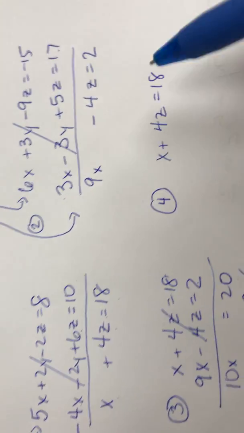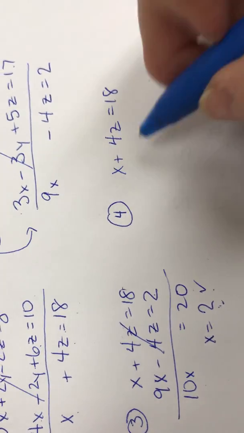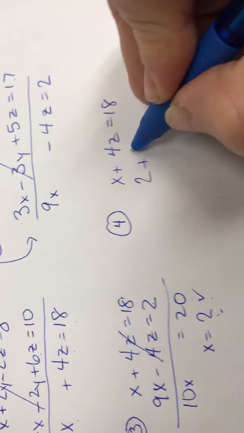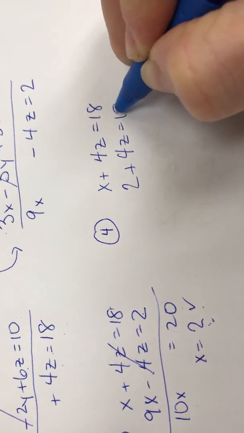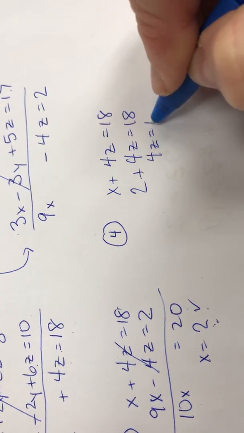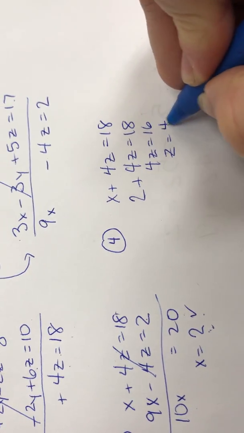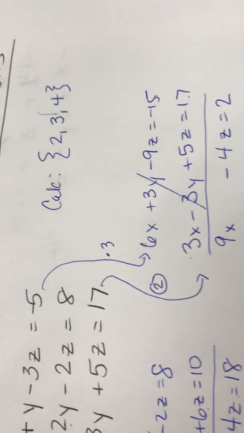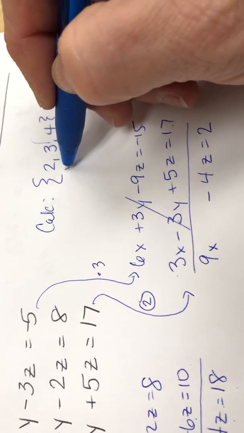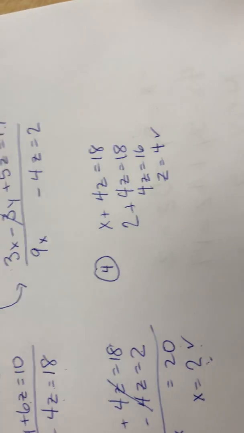Okay, so this equation, I'm now going to plug in or substitute my 2. Move the 2 over, doing the opposite operation, so subtract it, and then divide, and I get z is 4. Well, up here we know z is 4. Remember, this is always alphabetical, x, y, z. So that's checking as well.